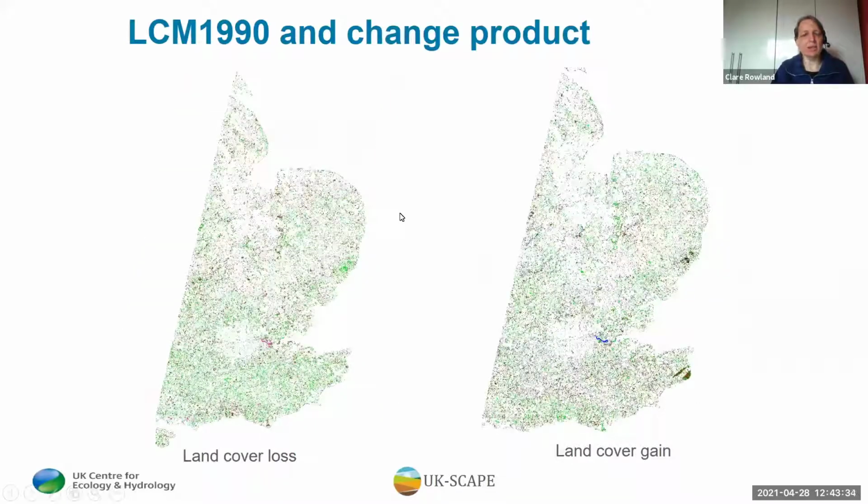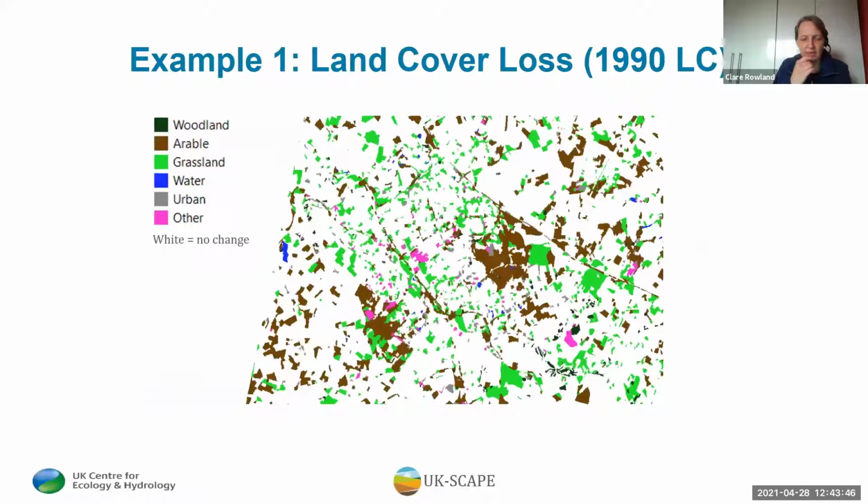And with the land cover product, we can look at the land cover that was there and that has been lost, and the land cover that we've gained. So what the land cover was and what it's changed into. And this is an example around Milton Keynes. There's no real reason for choosing Milton Keynes apart from the fact it was one of the very early areas that we'd got finished for Land Cover Map 1990, and it was used for a prototype change product.